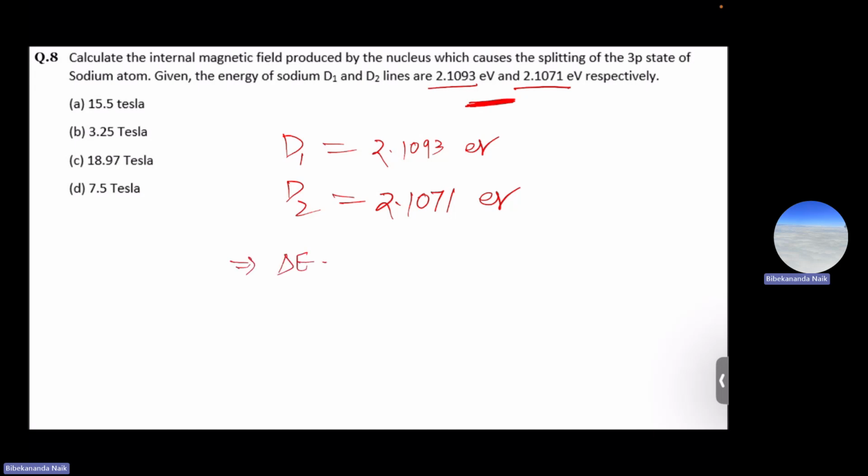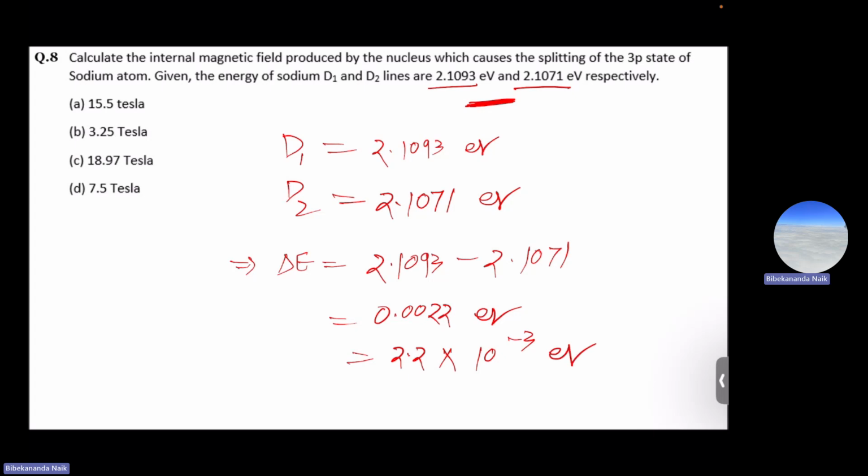The energy difference delta E will be 2.1093 minus 2.1071. So it will be 0.0022 eV, that is 2.2 into 10 to the power minus 3 eV. Now what leads to this energy difference? The difference is due to the separation of the spin up and spin down states.